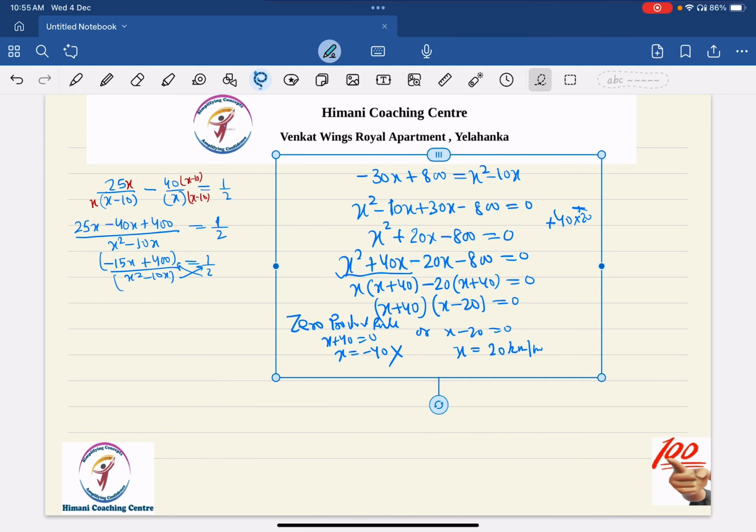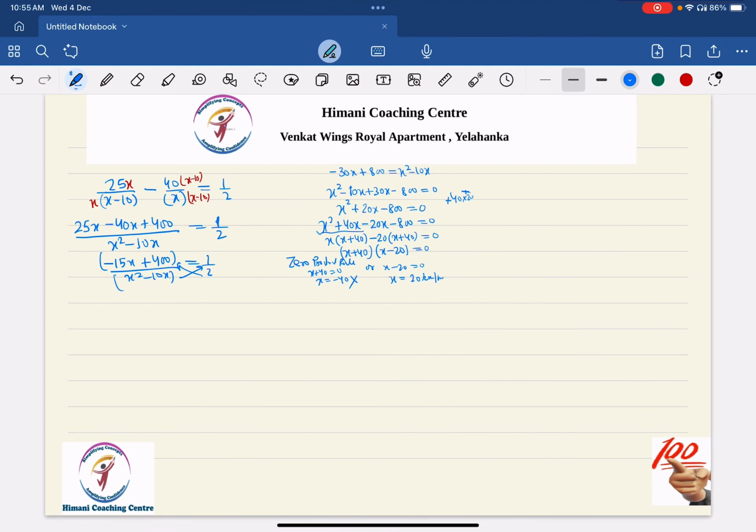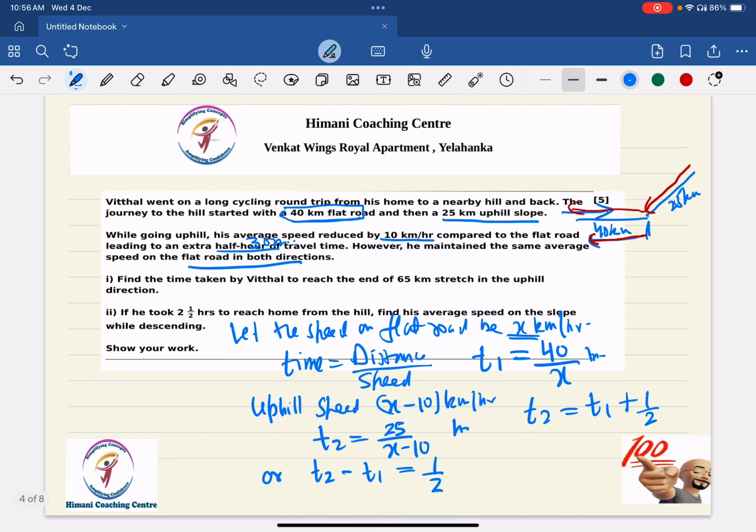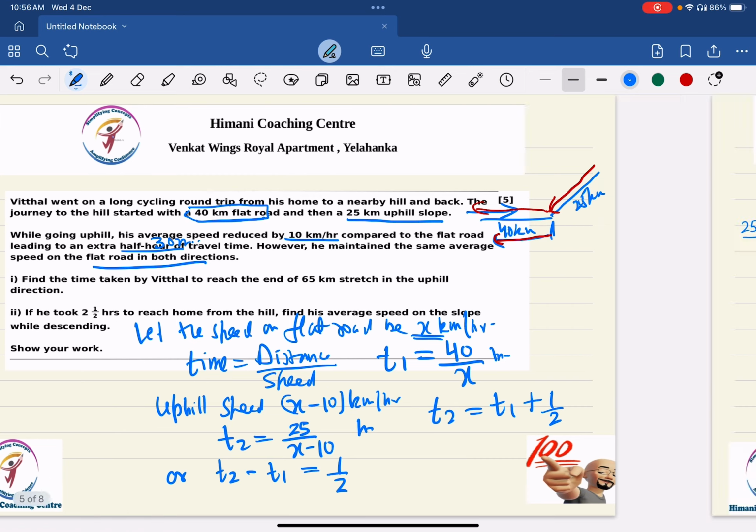So we will say, since he has covered the first distance, T1 is 40 by 20, which is 2 hours. Then he covered the next distance, T2, time is 25 over x minus 10.